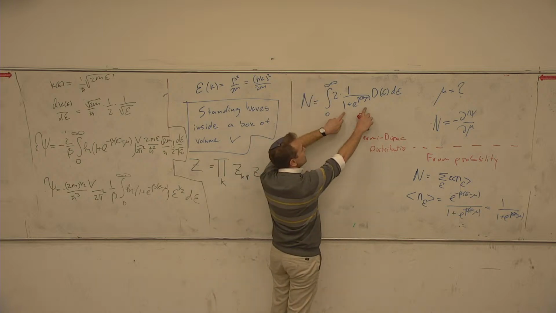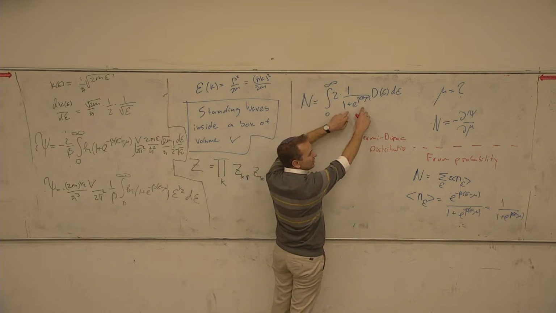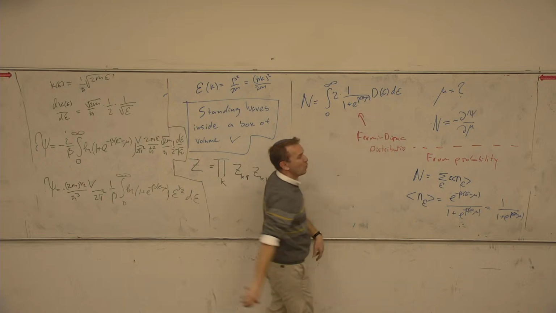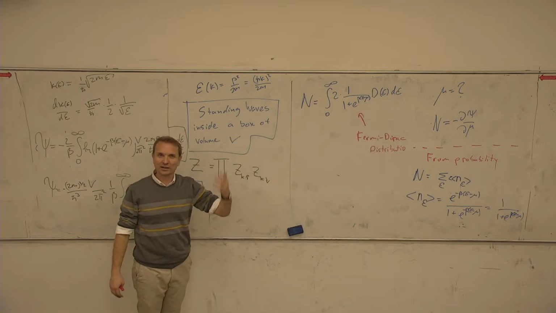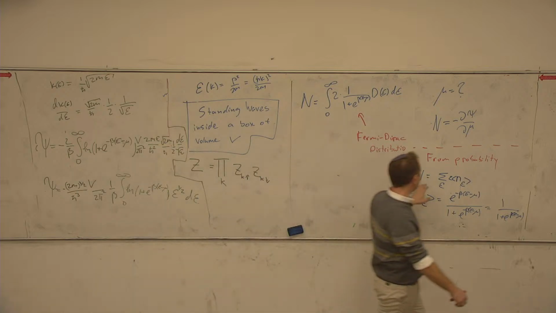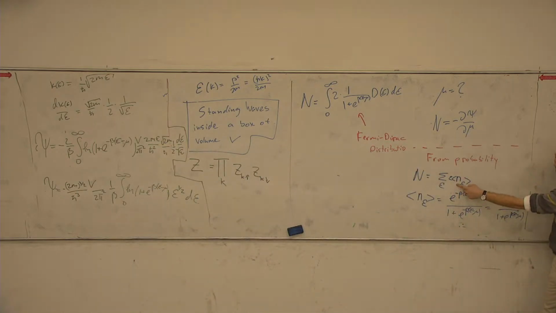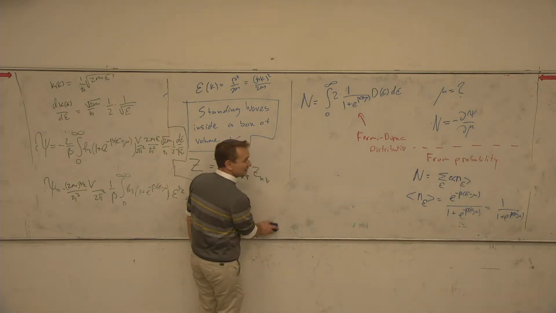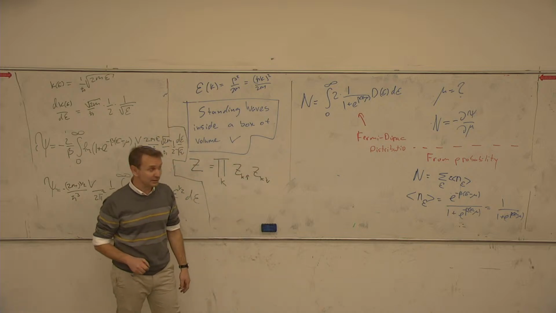I have a Fermi-Dirac distribution over here, and multiply by the density of the states. Where from this Fermi-Dirac distribution appears, it always appears from some average number of particles, average energy, average something. And when you average something, you always get this guy, based on the occupation probability.